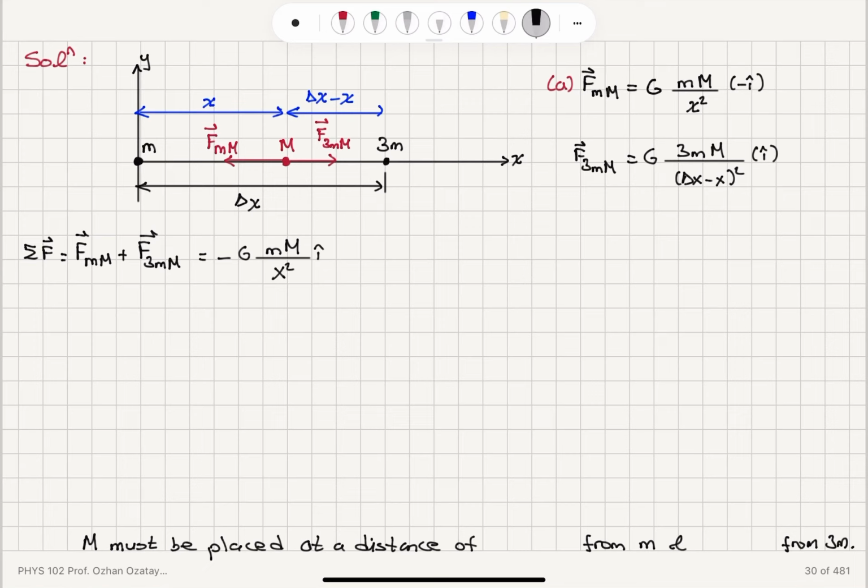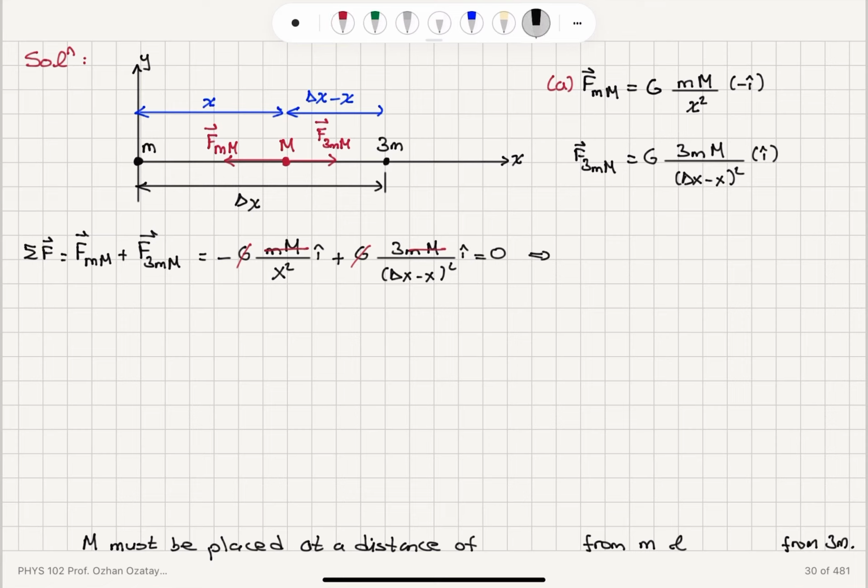The second force is plus G 3m capital M divided by delta x minus x squared in i hat direction, and this must be equal to 0. So the G's will cancel and I will get rid of the m capital M products here.